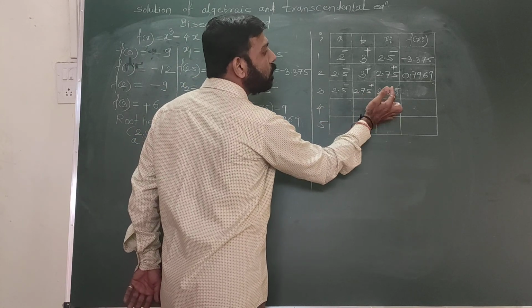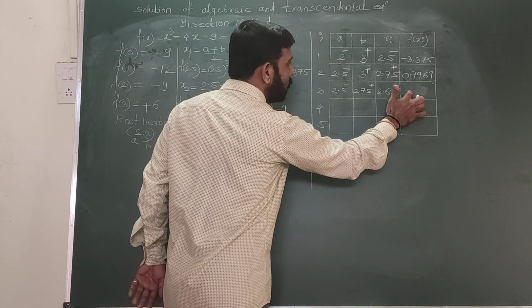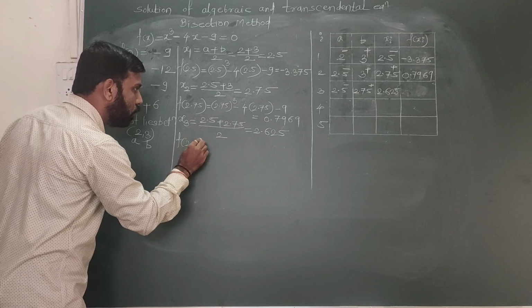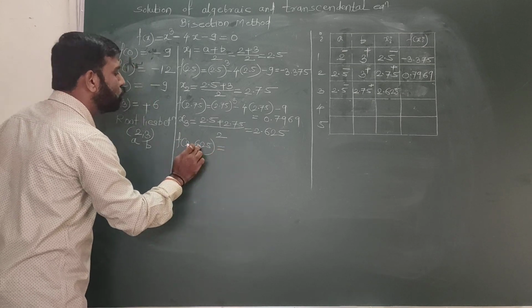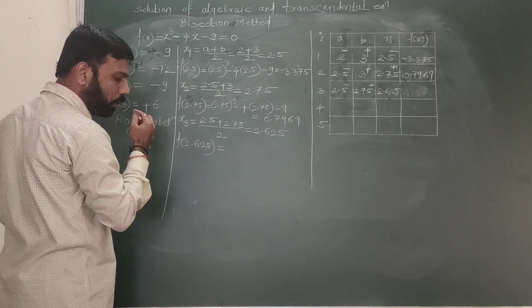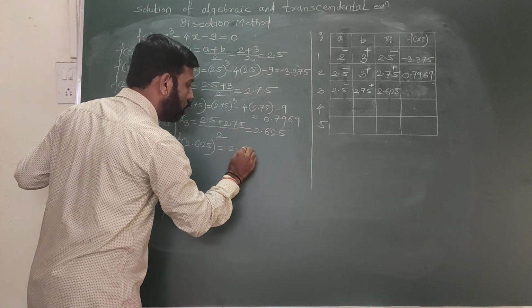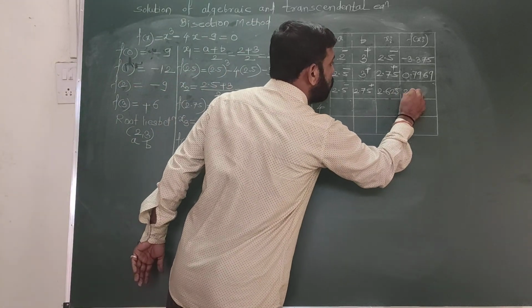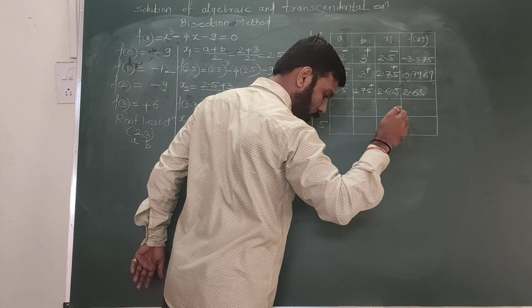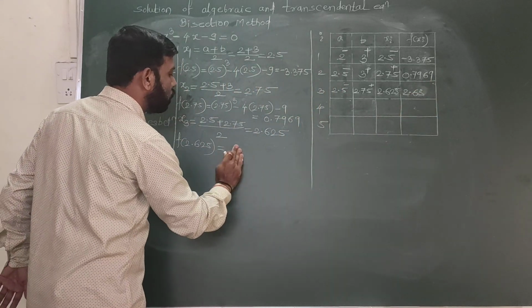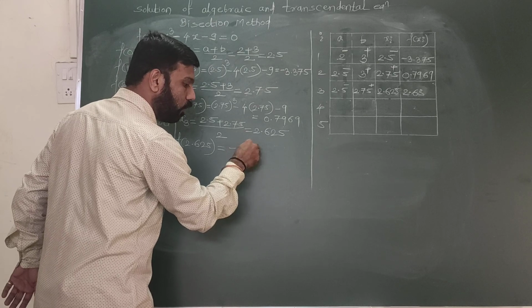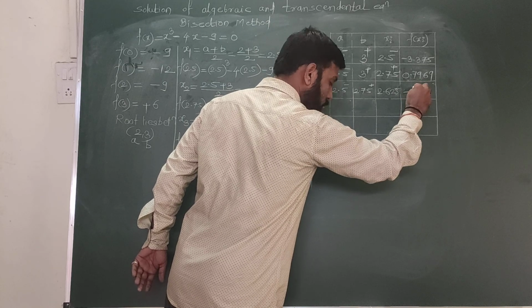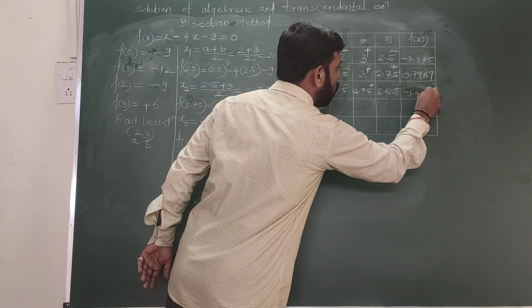So for that, which interval is there? Put this value in the function: f of 2.625 substituted in the polynomial, and the output is minus 1.4121.